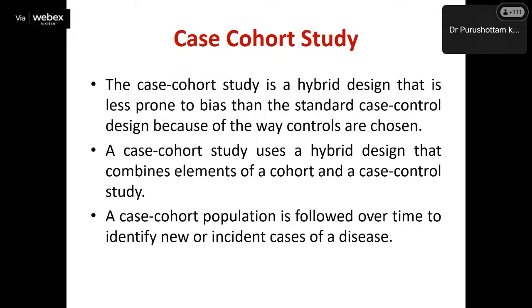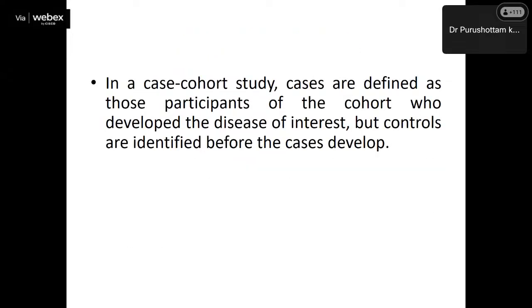A case cohort population is followed over time to identify new or incident cases of a disease. In a case cohort study, cases are defined as those participants of the cohort who develop the disease of interest, but controls are identified before the cases develop.